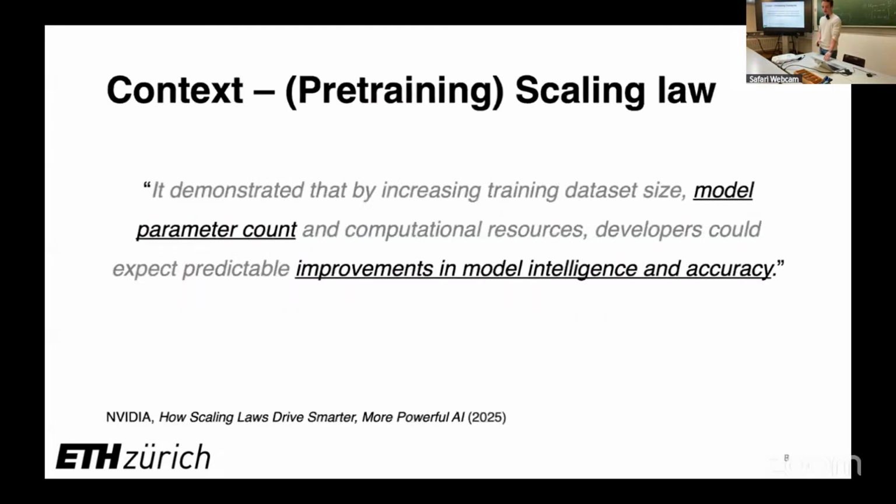Okay, so the context. I think most people here are familiar with, as we discussed in the previous presentation, the fact that if we increase model size, we increase the data set size, we increase the computational resources, we generally expect an improvement in model accuracy and intelligence. This is a quote from a recent blog by NVIDIA that discusses that.